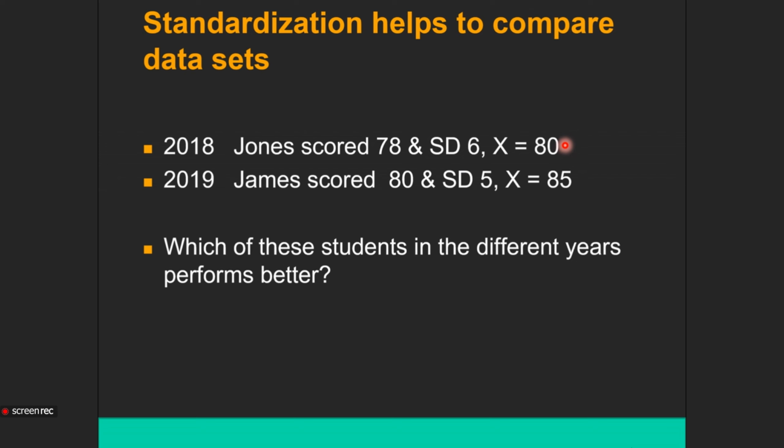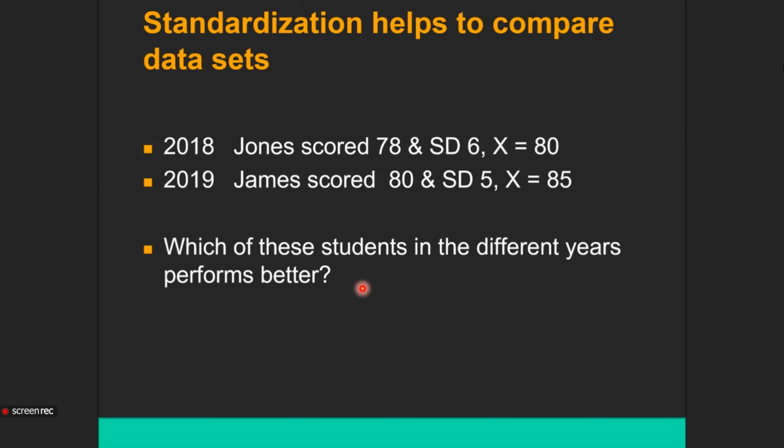And what is the calculation? We're going to translate this into our standardized normal distribution by finding the z-value of the individual random variable x that we have in these two normally distributed data sets. Okay, and when we do that, we'll realize that John has a z-score of minus 0.33, while James had a z-score of minus 1.